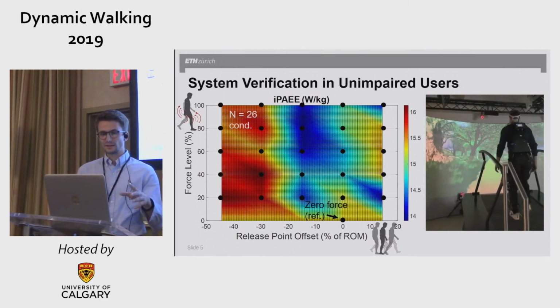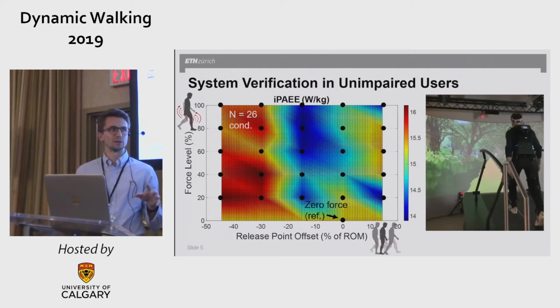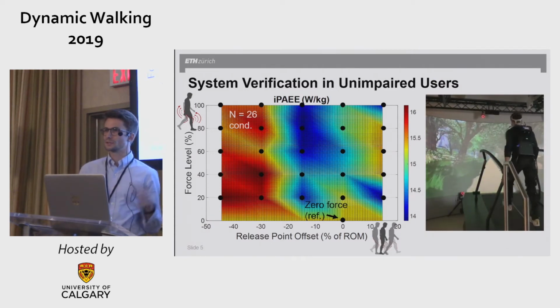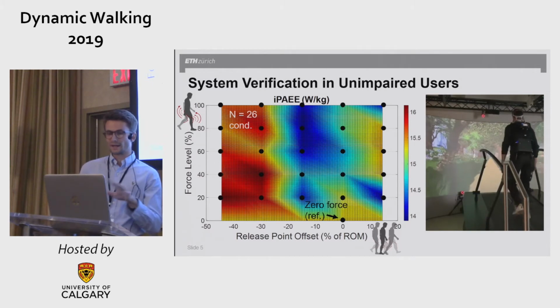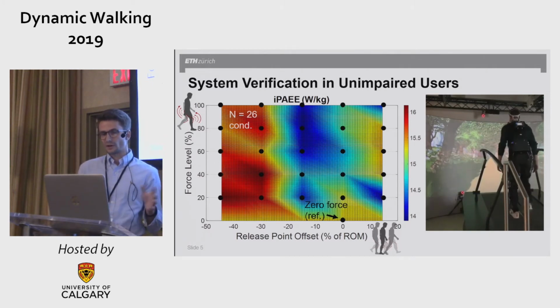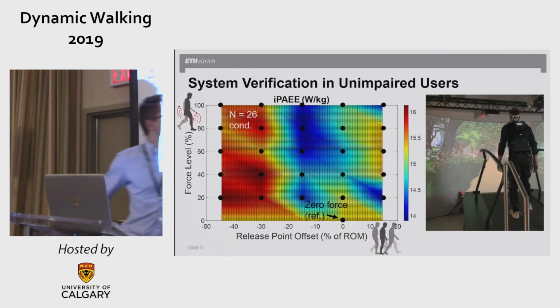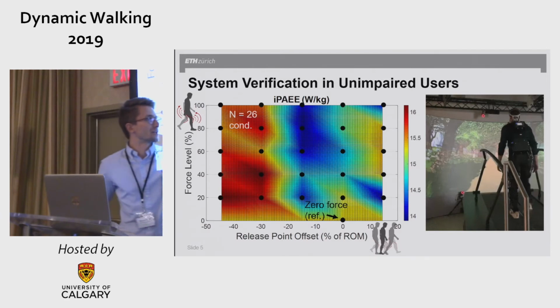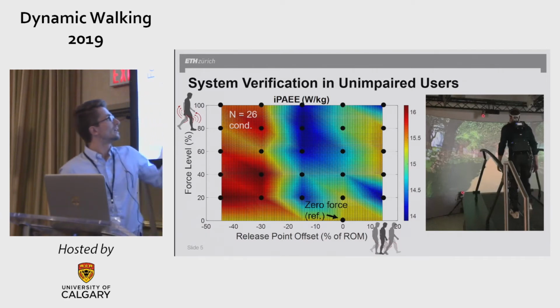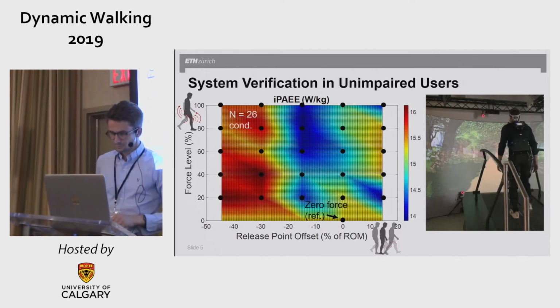And I want to stress that these are 26 randomly tested conditions, so there's no order, but we still get a very, say, smooth landscape in a way. And we see variations of approximately 10% from our zero force reference condition, which is that dot right here, in our calibration point, so no shift in release, and at zero force.